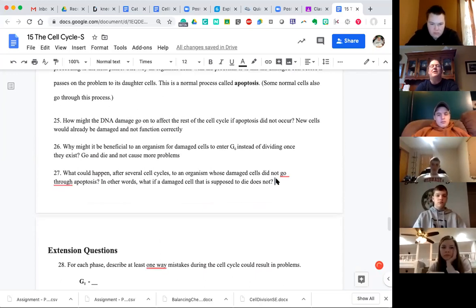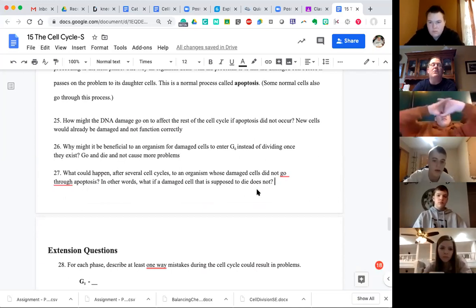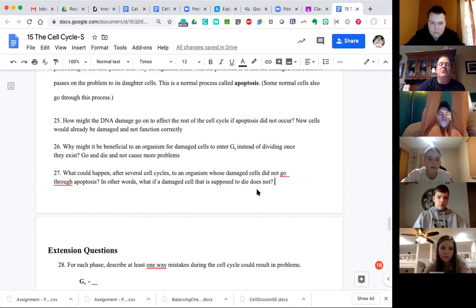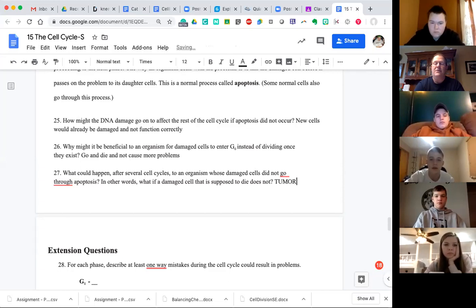Okay, what could happen after several cell cycles to an organism whose damaged cells did not go through apoptosis? In other words, what if the damaged cell that is supposed to die doesn't? We can just say one word. Cancer. Yeah, cancer.